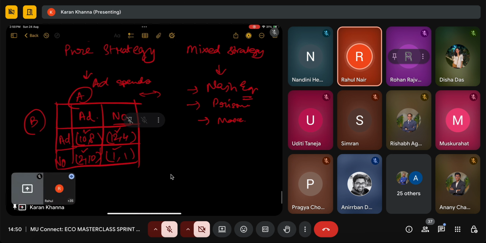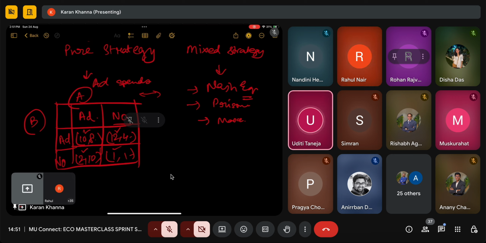So if you look here, even if you're A, right, you'll be at 8, you'll be at 10 if you do the ad, you'll be at 4, and you'll be at 1 if you don't do the ad. So no matter what we do, we'll always be at a better off position, at a higher payoff, if we go for the ad. So be it A, be it B, we would always go for one particular course of action. That is known as pure strategy. We don't care about the other person. Clear? Yeah, thank you. Okay, sure.